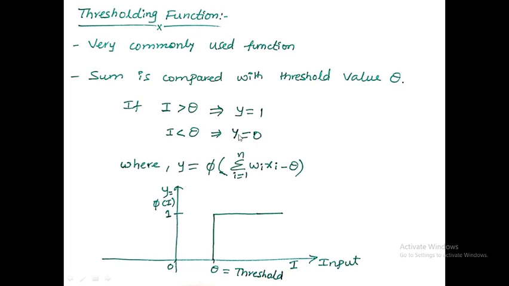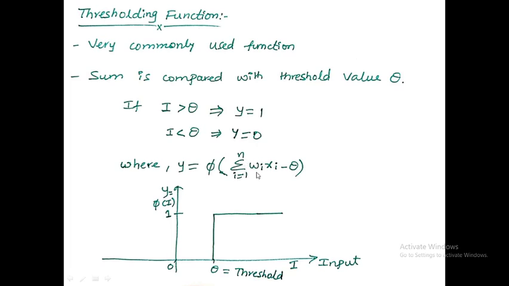So by considering this threshold value, y becomes phi of the activation function, that is phi of summation i equal to 1 to n wi xi, as we are considering some threshold value, minus theta. Now you are comparing this with the threshold value.